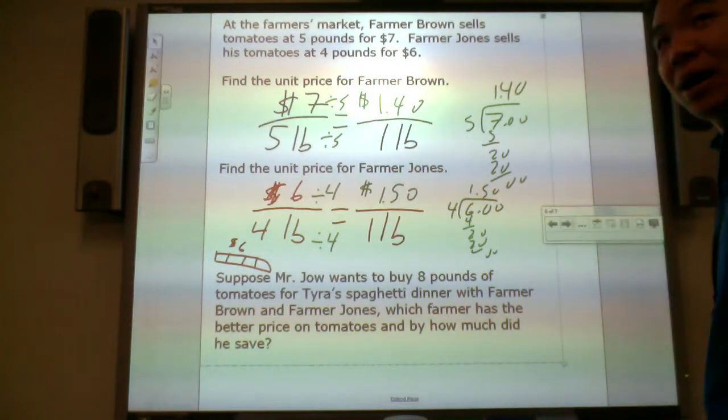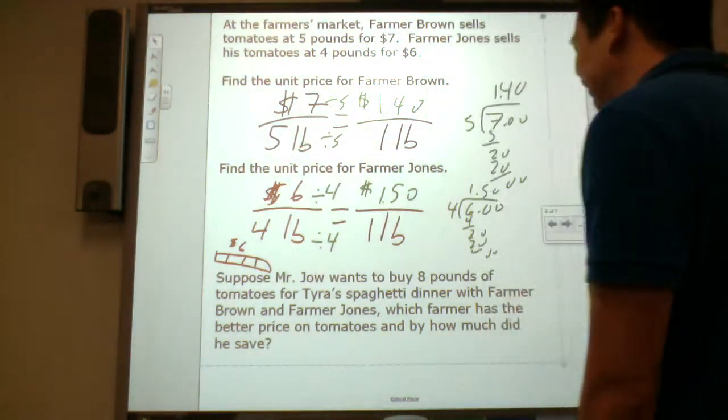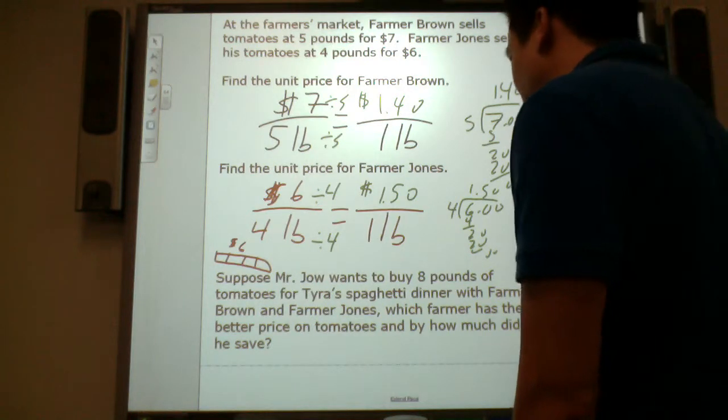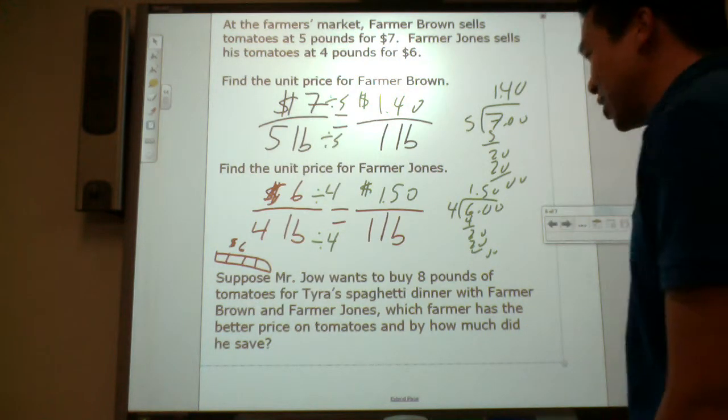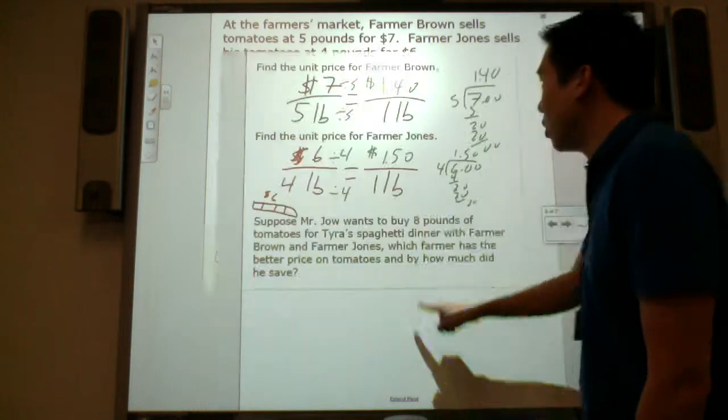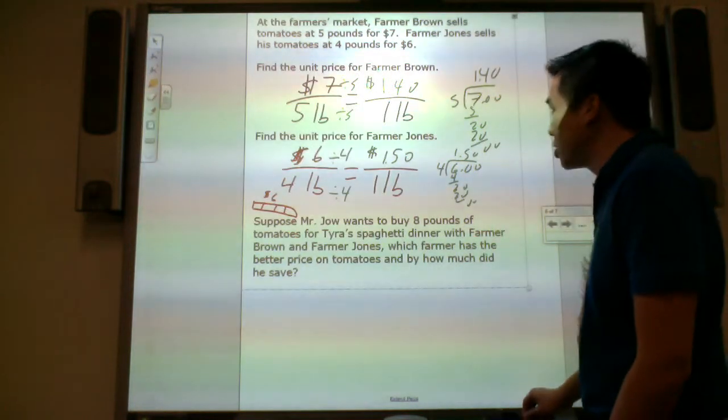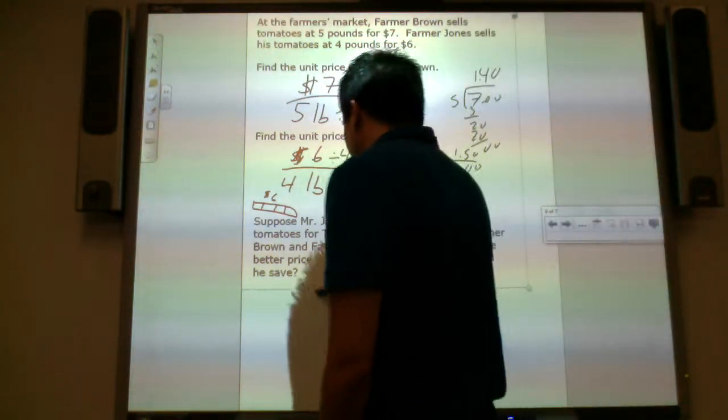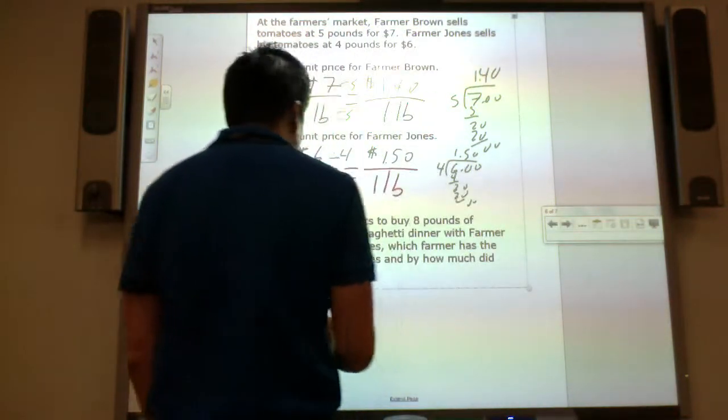Suppose Mr. Jones wants to buy 8 pounds of tomatoes for Tyra's spaghetti dinner with Farmer Brown and Farmer Jones. Which farmer has the better price of tomatoes and by how much? So I know each pound of tomato for Farmer Brown is $1.40.